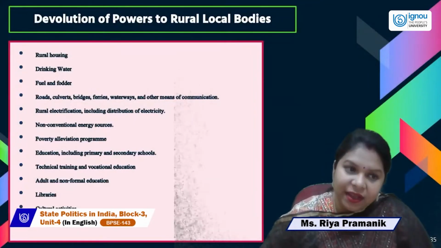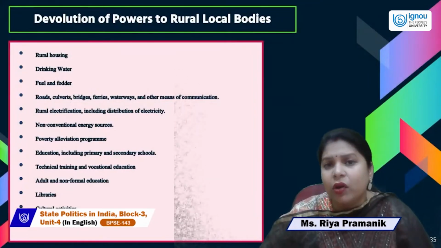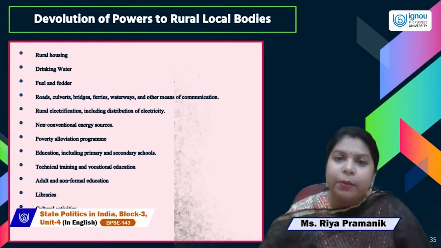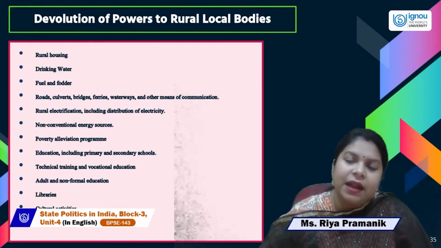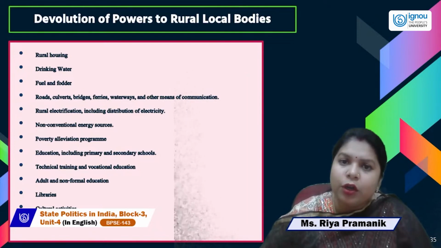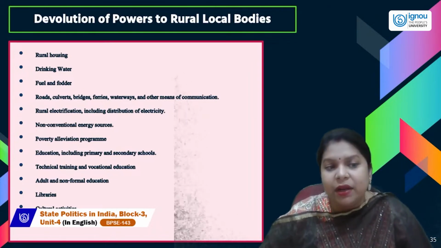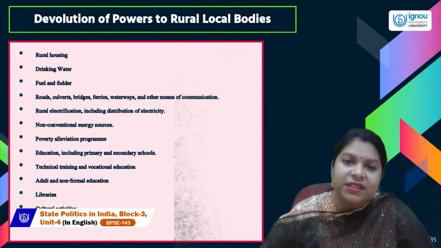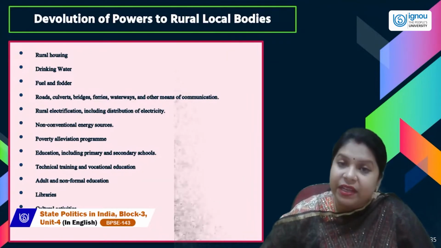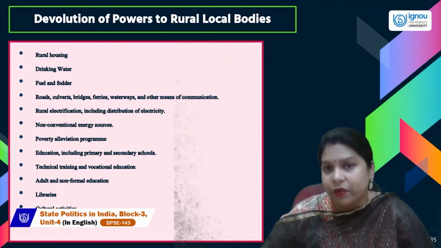Similarly, rural housing and drinking water. Drinking water is very important because in many parts of our country there is a lack of safe drinking water, so this is also a part where the Panchayati Raj institutions work. Similarly, fuel and fodder, roads, culverts, bridges, ferries, waterways, and other means of communication.